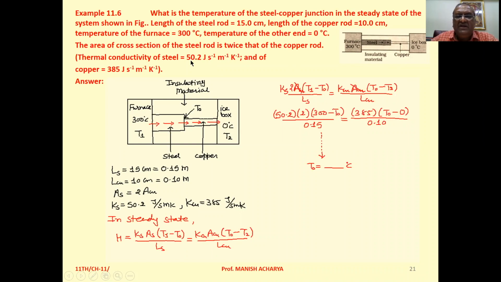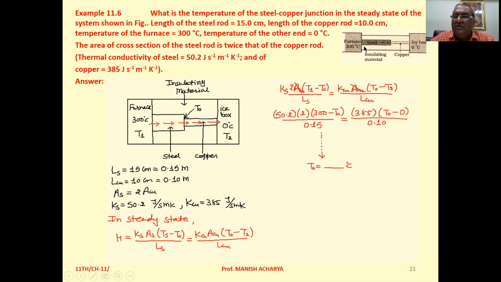Thermal conductivity of steel is 50.2 joule per second meter Kelvin, and of copper is 385 joule per second meter Kelvin. Now see here, the composite system is given to you. Here is the steel rod, and at the end of the steel rod the copper rod is joined.